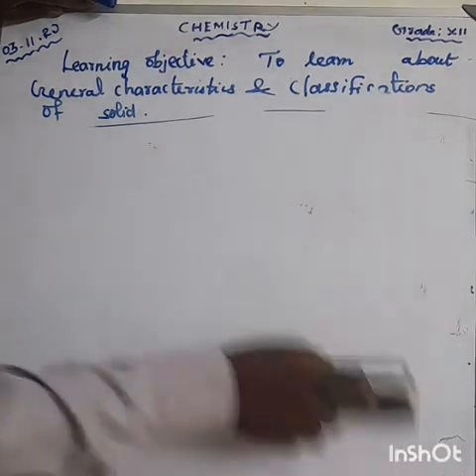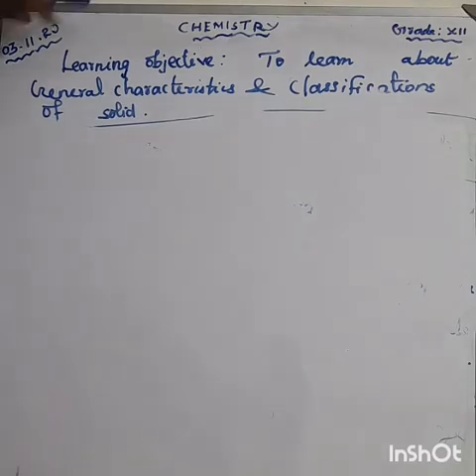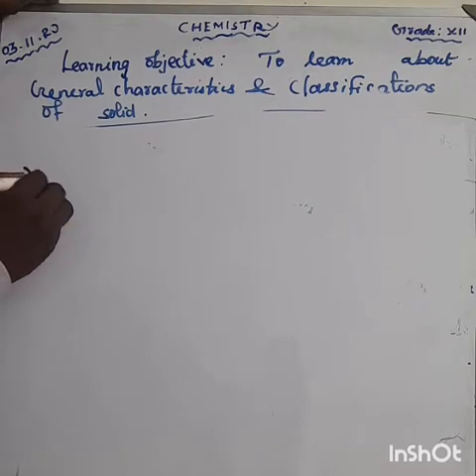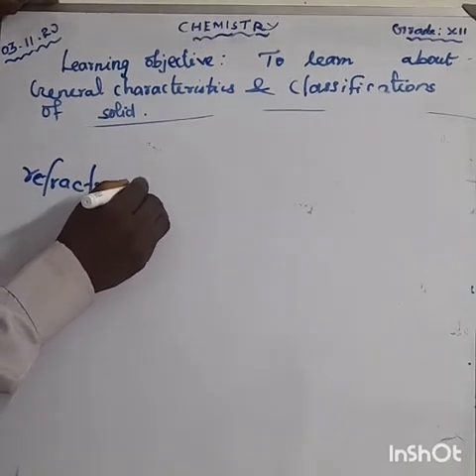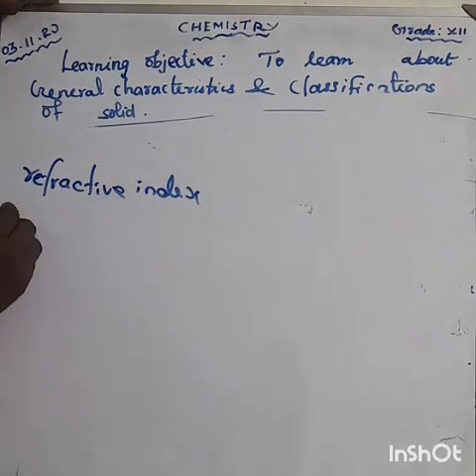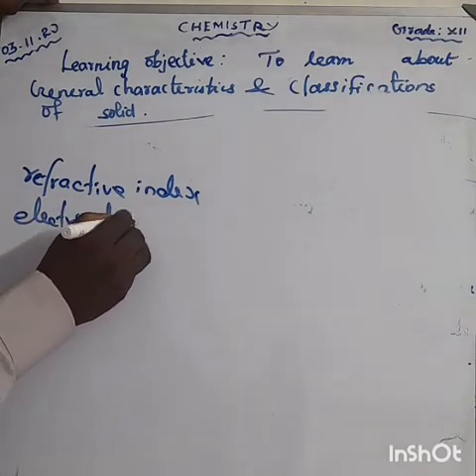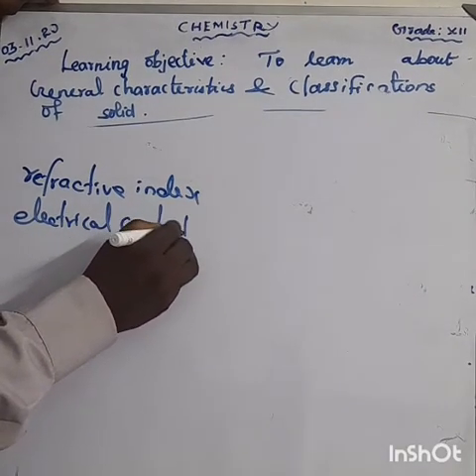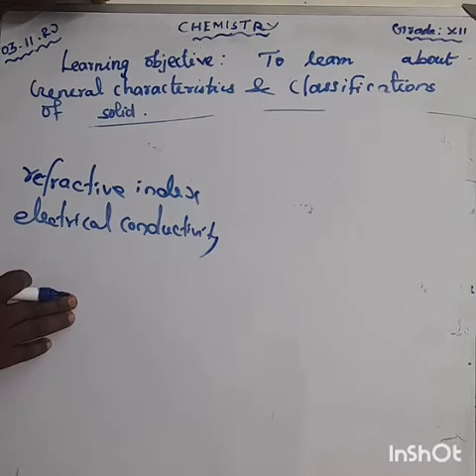For example, in the solid state, isotropic solids have identical values of physical properties such as refractive index, electrical conductivity, etc. in all directions. Okay, this is an example of isotropic.